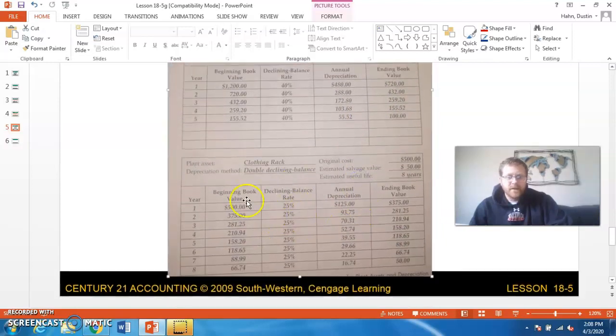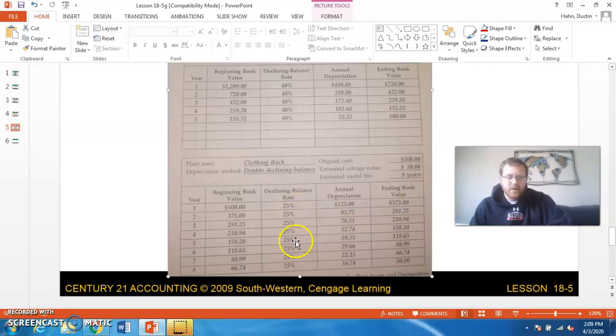Okay, same thing here. Start with $500 right there, and your estimated salvage value is 50, and it's for 8 years. So take $500 divided by 8, it equals $62.50. Take that times 2, and that's where that 125 comes into play. 500 minus 125 equals your 375.